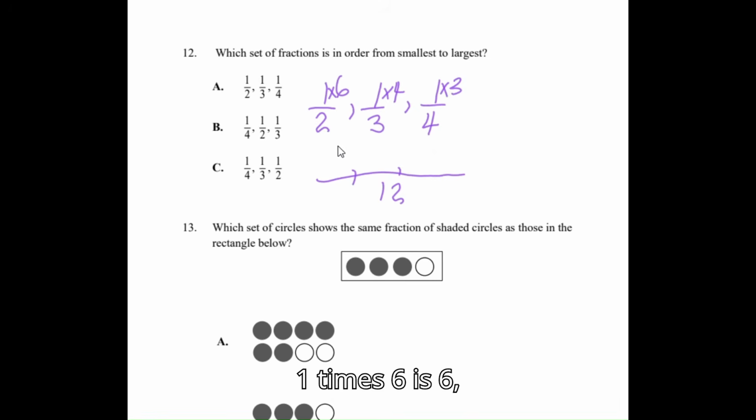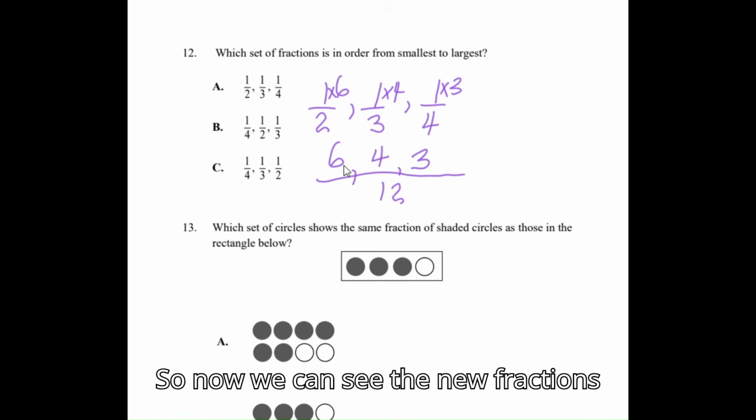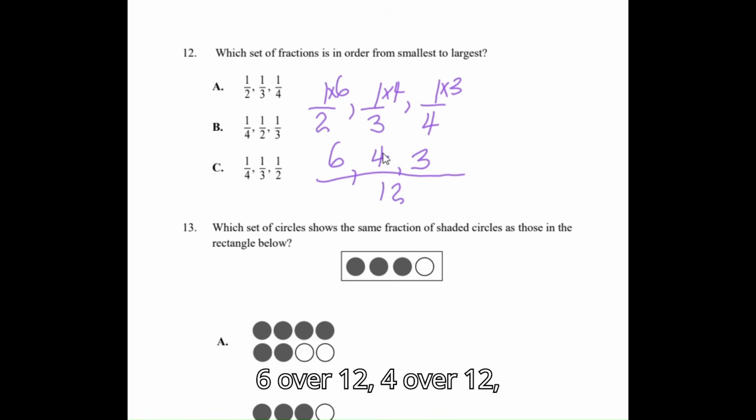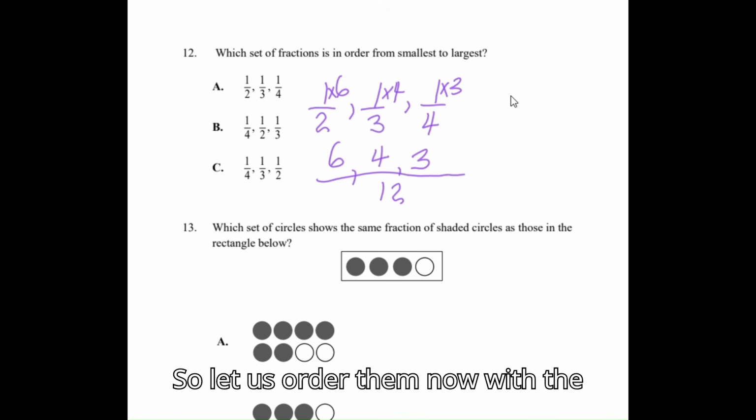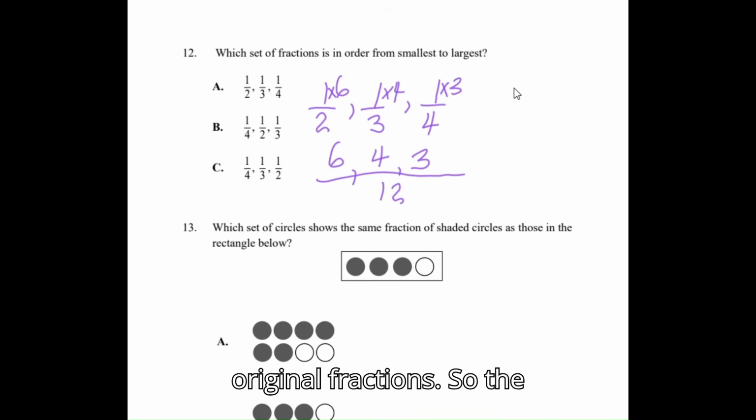So 1 times 6 is 6. 1 times 4 is 4. And 1 times 3 is 3. So now we can see the new fractions 6 over 12, 4 over 12, and 3 over 12. So let us order them now with the original fractions.